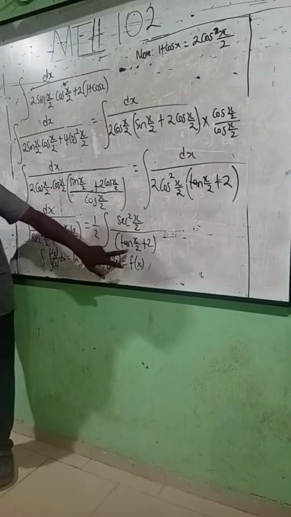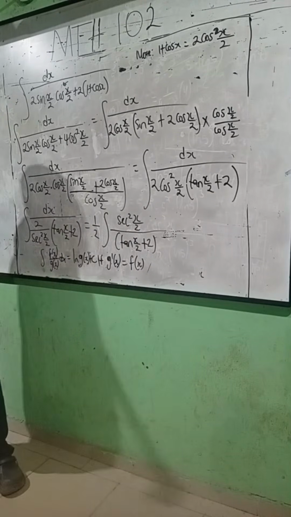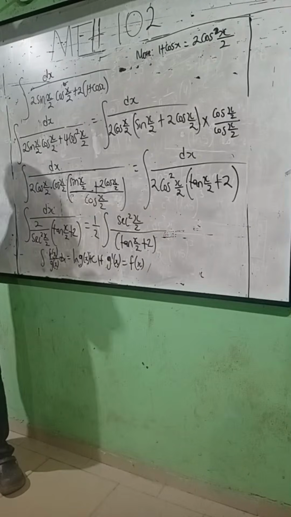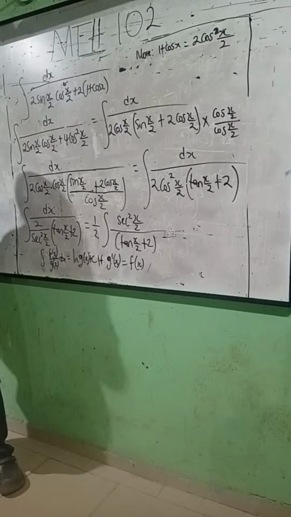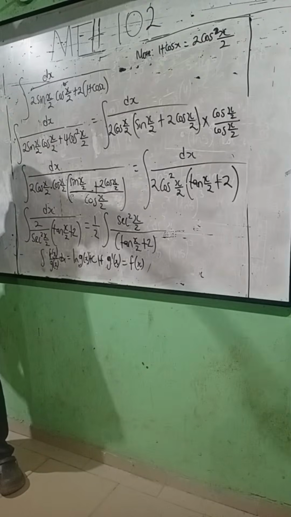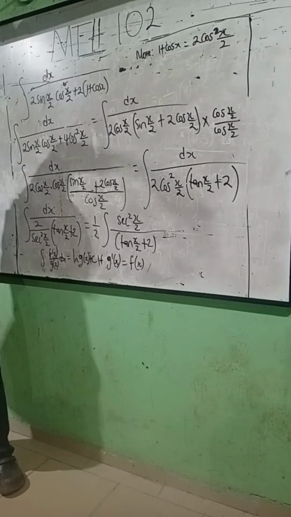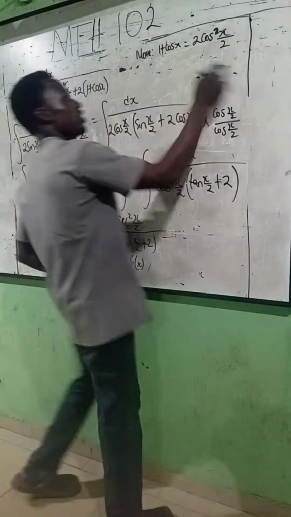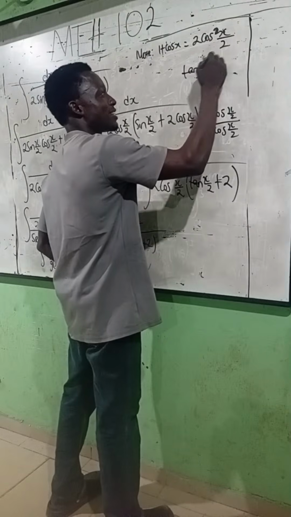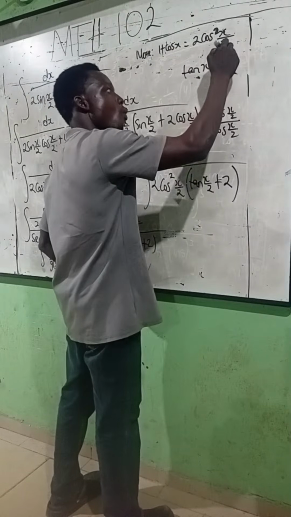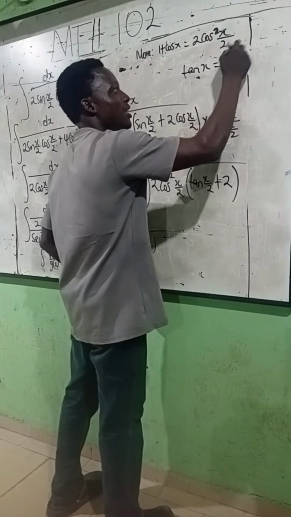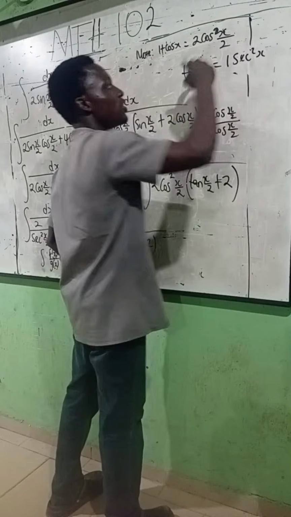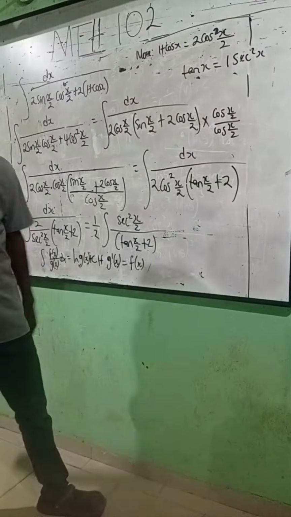Now, if you integrate tan x over 2, what do you get? It will be 1 over 2 sec square x over 2. Actually, if you differentiate tan x, you get sec square x, because you have to differentiate the inside too.